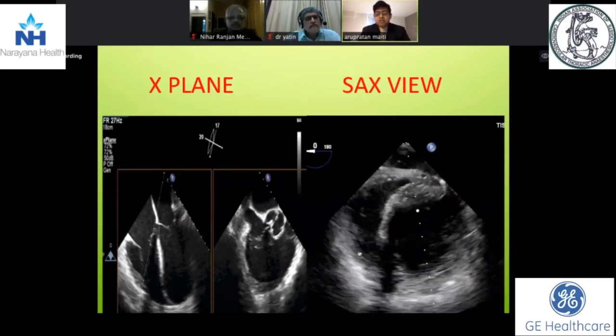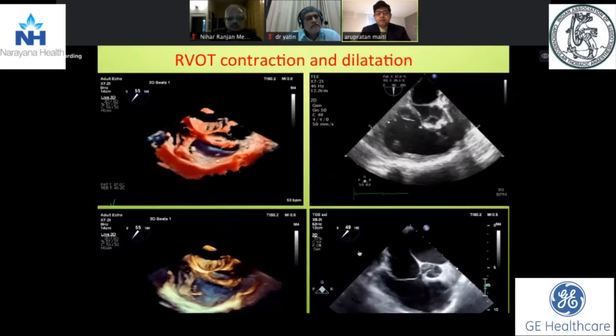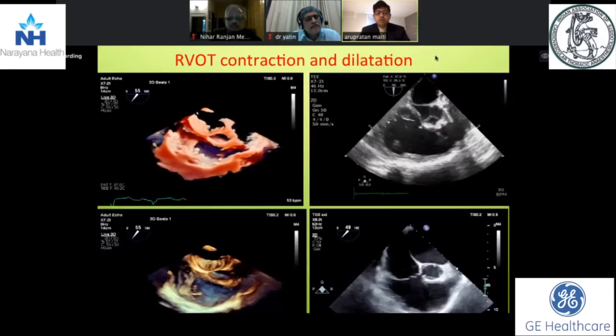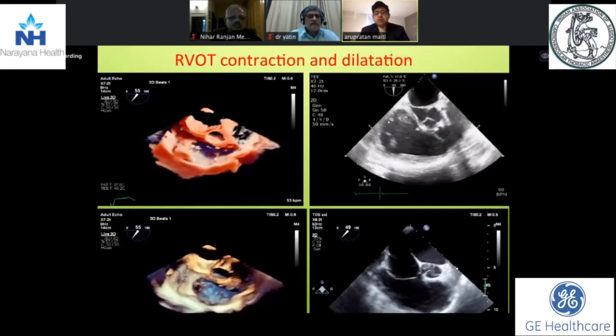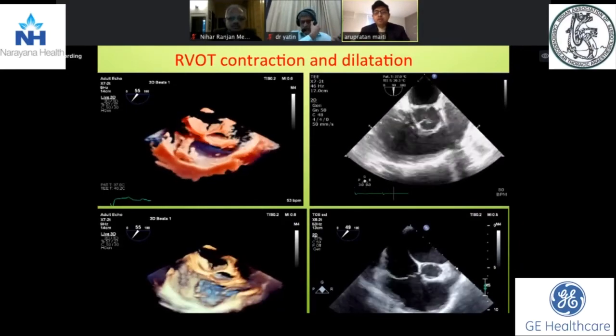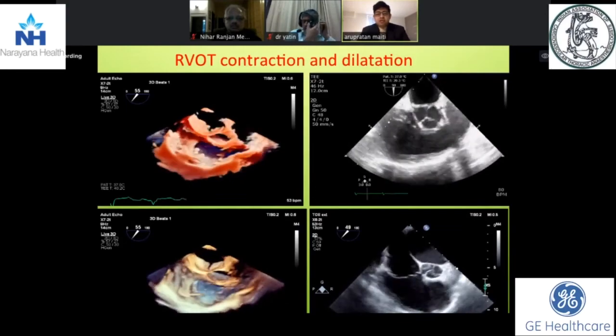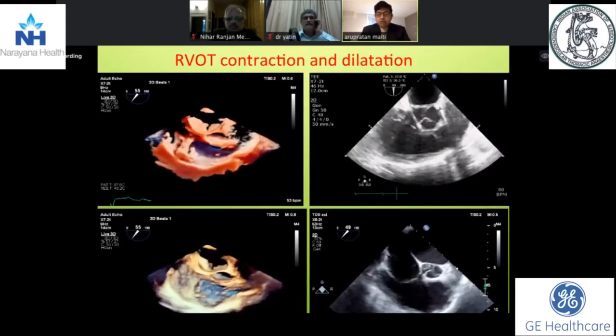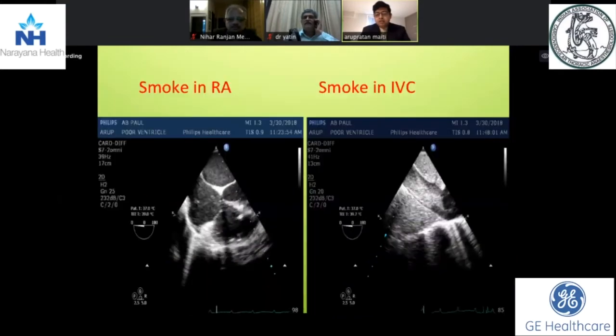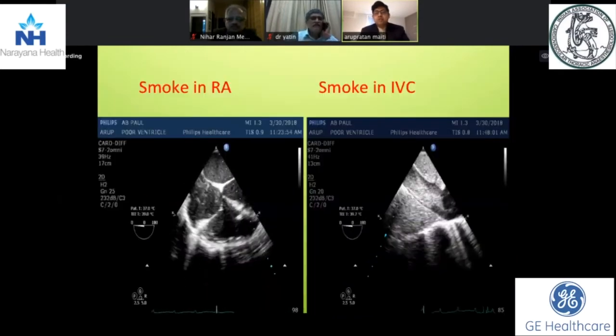You can compare the size to the LV. RVOT contraction is very important. You can view it in a mid-esophageal RV inflow-outflow view. You have to see the RV contractility and whether it's dilated. A dilated RVOT is a very important hallmark in a case of arrhythmogenic right ventricular cardiomyopathy.